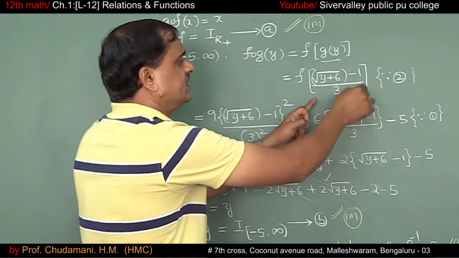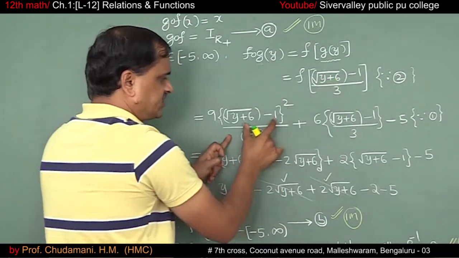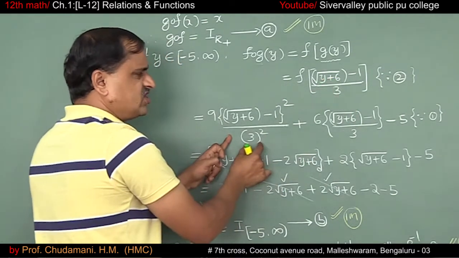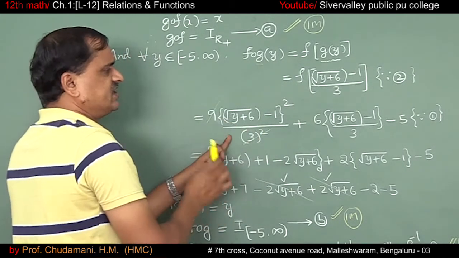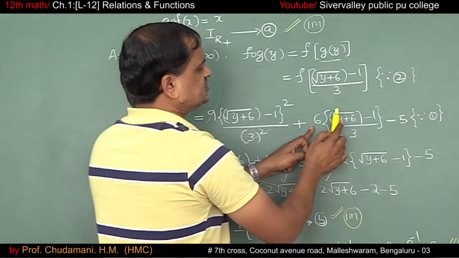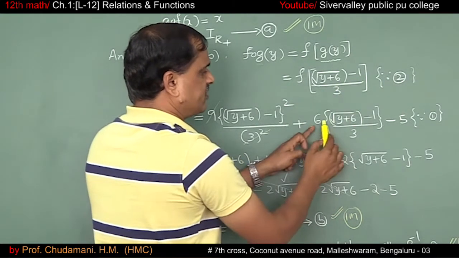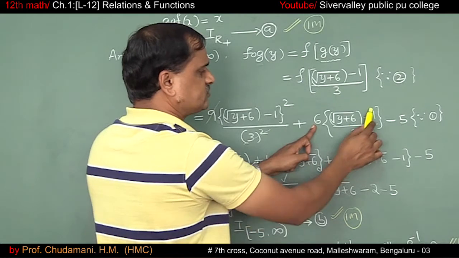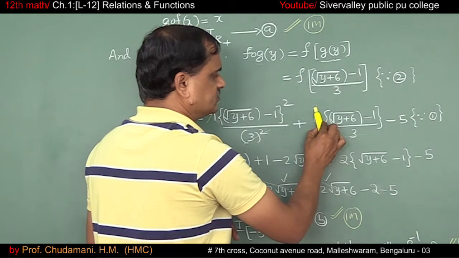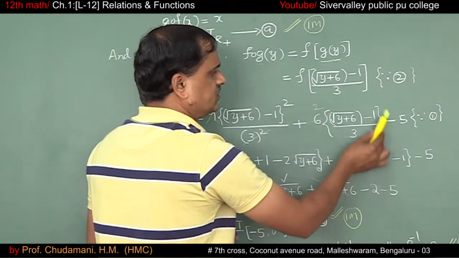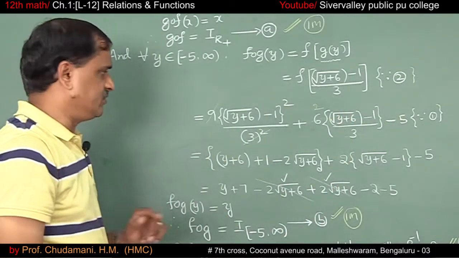This is completely x. 9 into this numerator square, divided by 3 square, the denominator square, means 9, with which the 9 gets cancelled, plus 6 into x, which is completely 6 into root of y plus 6 minus 1 by 3, 3 once, 3 twice, minus 5 as it is, by using equation 1.